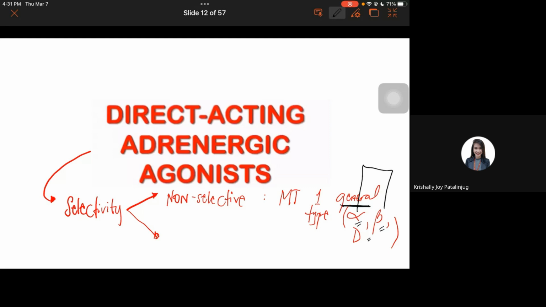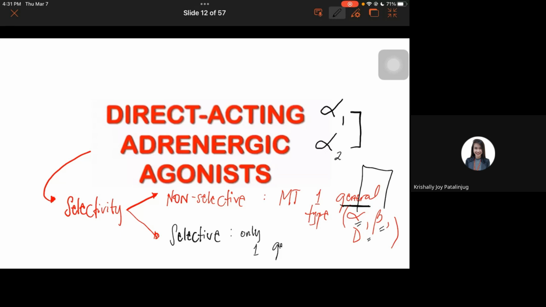Now, what if nag-bind lang siya sa isang alpha receptor, may it be alpha 1 or alpha 2, that's the time yung direct acting selectivity niya, it can be classified as being a selective na direct acting. Okay? Kumbaga, they only bind to one general type of receptor.